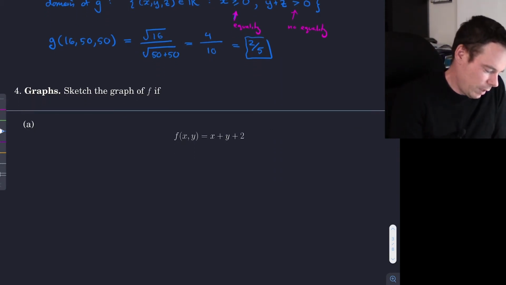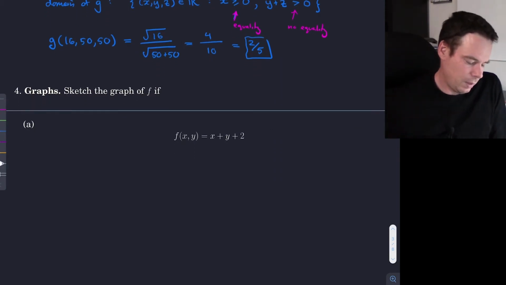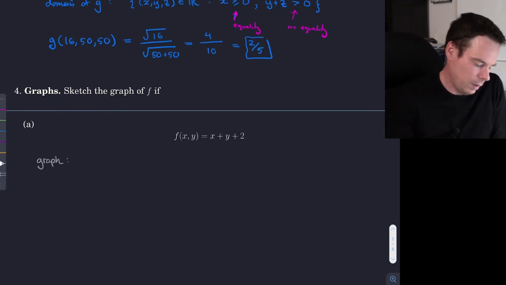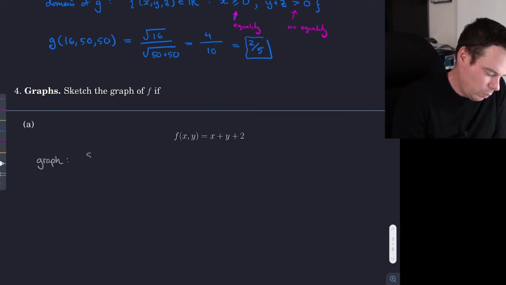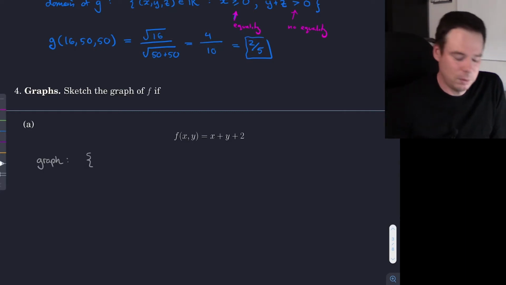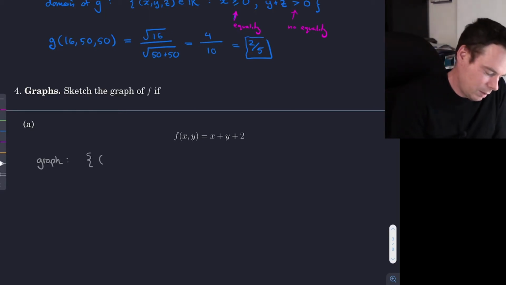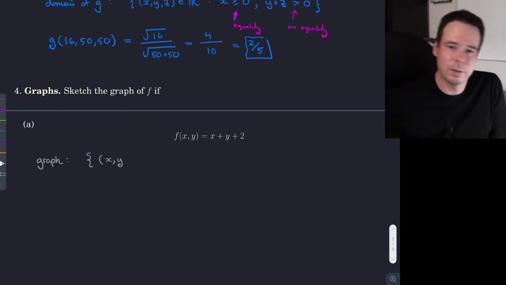We're going to sketch the graph of this function f. It's a function of 2 variables, x and y. So what is our graph going to be? Well, I'll write it down once here. What is a graph? A graph is really just the set of all points which consist of components where we've got the inputs listed out.